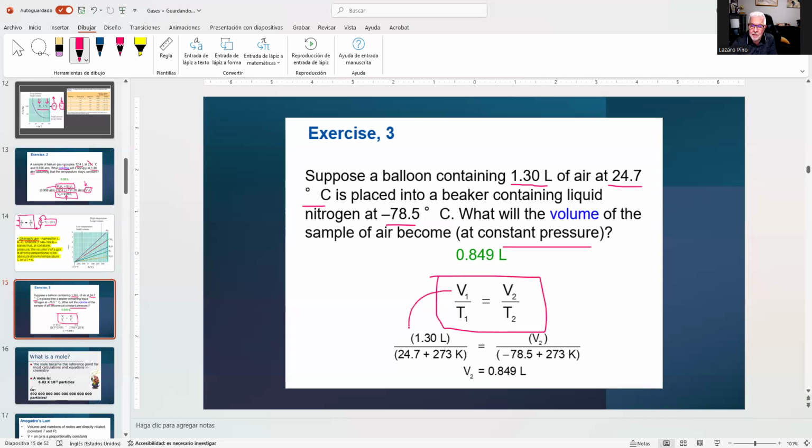You have this volume, and you convert the temperature into Kelvin using this formula. You don't know this volume, and you convert the temperature using this formula, and then you can calculate the volume at the end. This is very simple, as you can see. This is the Charles law that says that the volume and the temperature of a gas are directly proportional. If one decreases, the other also decreases.